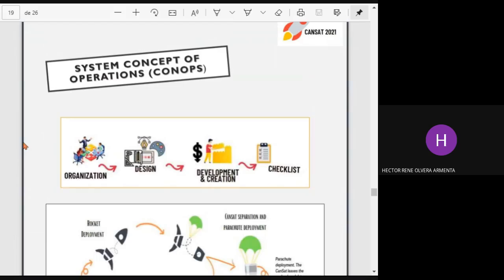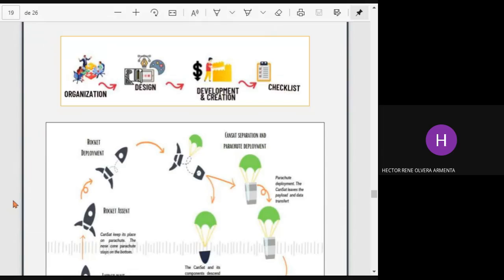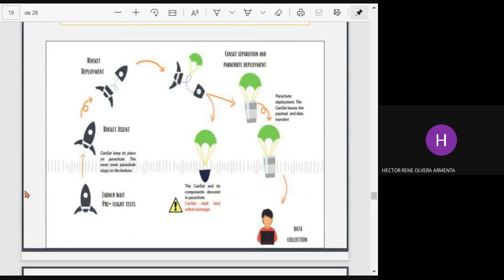Here we have the system concept of operation, the CONOPS, and it is the organization, the design, development and creation, and the checklist. As we can see in this diagram, the first thing is the launch weight, the pre-flight test.